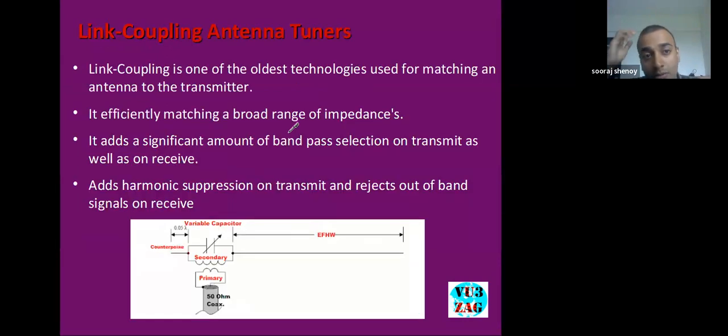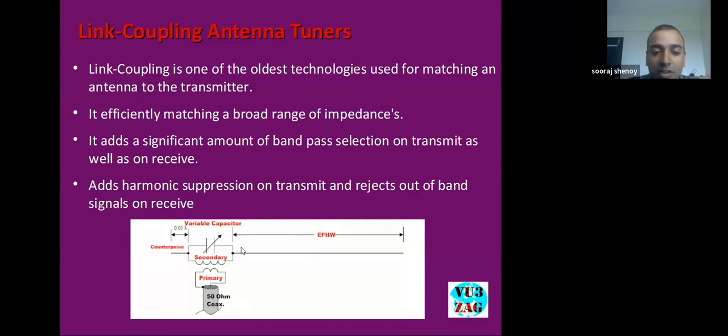So let's discuss the link coupling tuner. Link coupling is one of the oldest technologies used for matching antenna and transmitter. It is the simplest method and mostly suitable for QRP application.